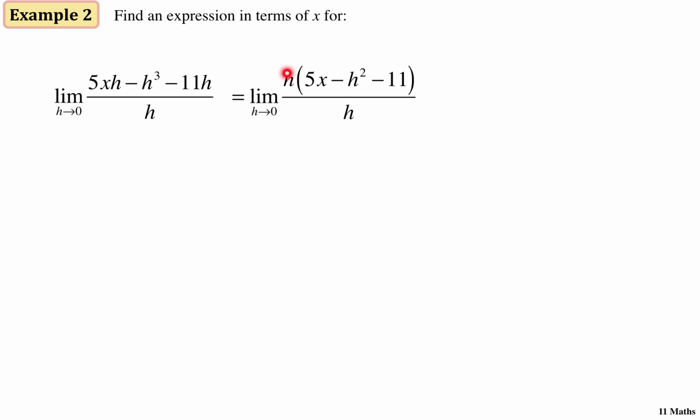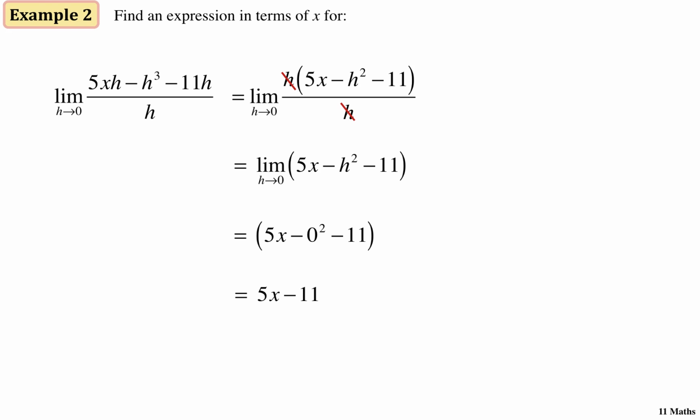Now I've got h on the top and the bottom. They'll cancel each other, which means I'm really just left with the limit as h approaches 0 of 5x take h squared take 11. I don't have any dividing by 0 problems, so let's just let h equal 0, which means you get 5x take 0 squared take 11, which is 5x take 11.